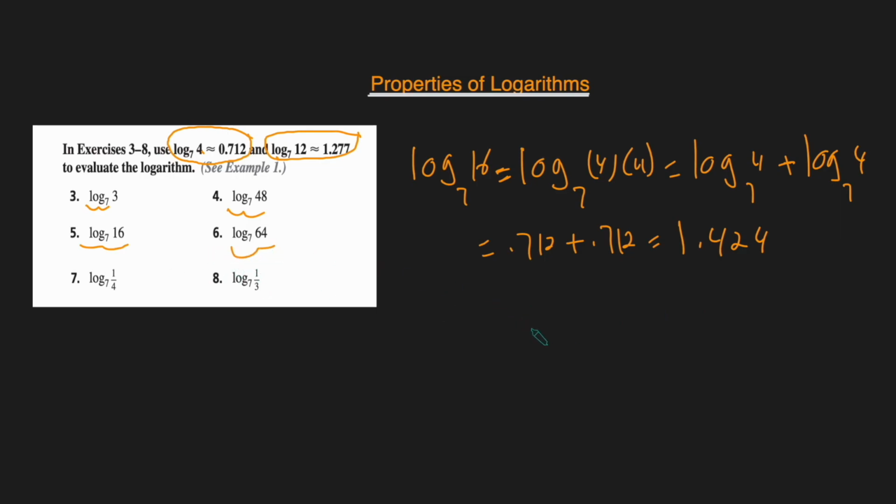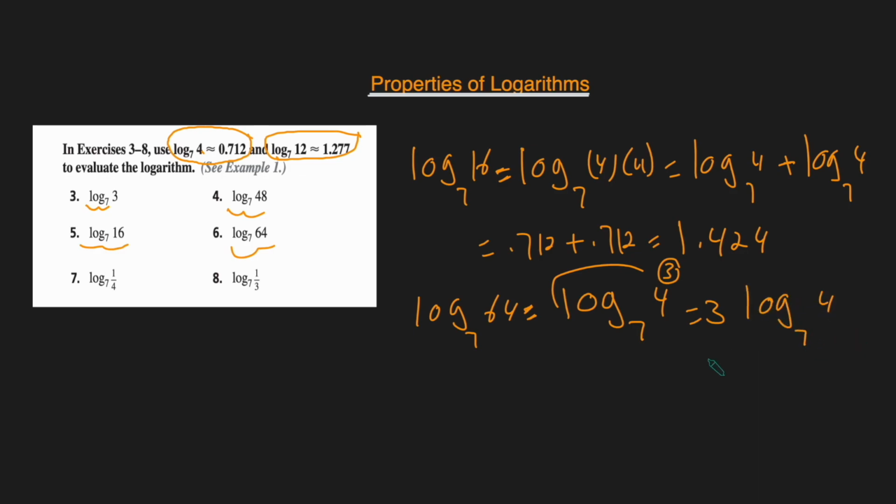Problem number 6, I have log base 7 of 64. Raise the 4 to the 3. So you do log base 7 of 4 to the 3. That would be 64. And now I can use the power rule where I take the exponent and bring it to the front, 3 times log base 7 of 4. The value for log base 7 of 4 is 0.712, and that is 2.136.